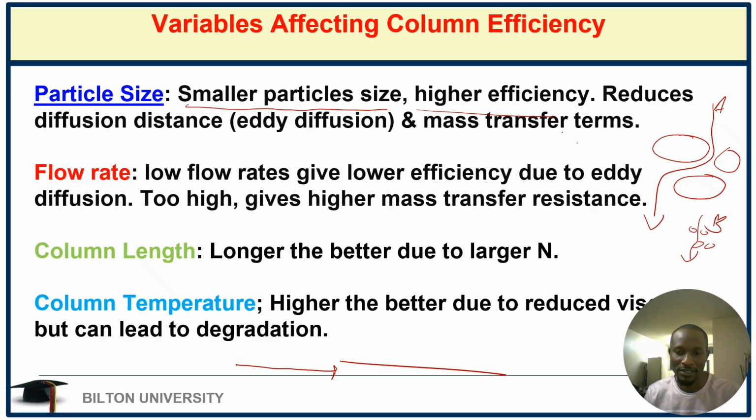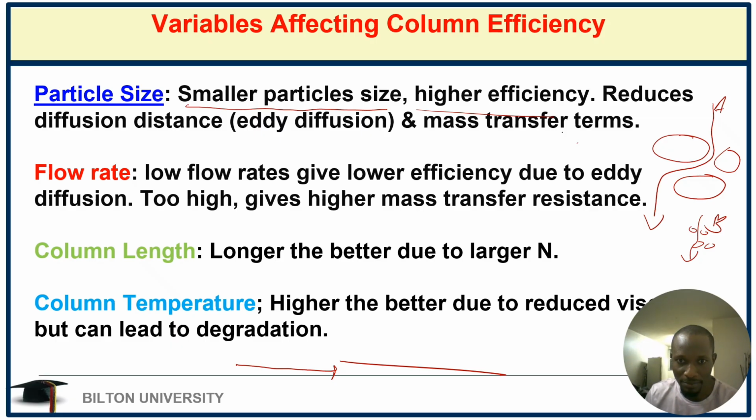However, with the longer column length at a moderate flow rate, the more the number of theoretical plates, and at a moderate flow rate we are going to have more separations, because a theoretical plate is a step. So one step leads to another step, leads to another step, and that's going to give us a better separation.